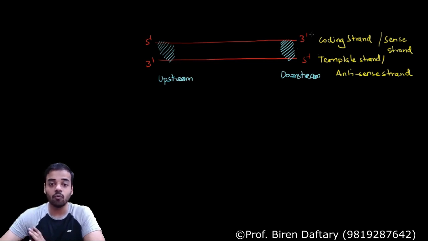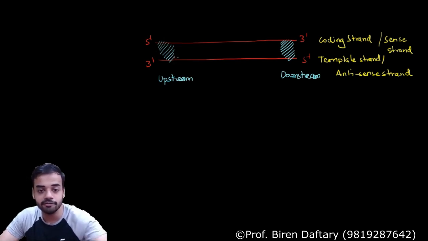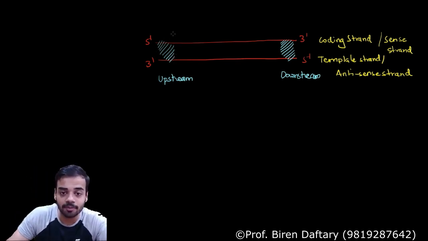Okay, now what part is there in upstream? A very important part, which is called as the promoter. Okay, so this area is the area where promoter is present. Okay, and what is the promoter?